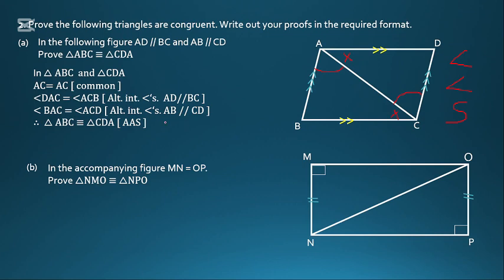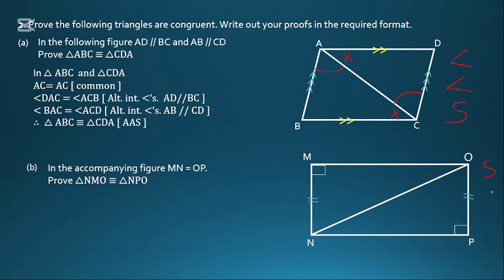Now we get to B. In the accompanying figure, MN is equal to OP. There, they are marked the same, so same length. Prove that triangle NMO is congruent to triangle NPO. Right, let's see. We have a side there.